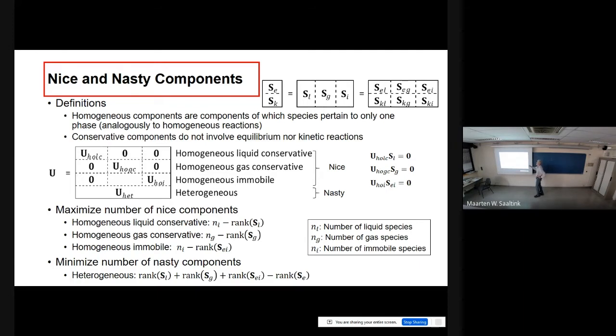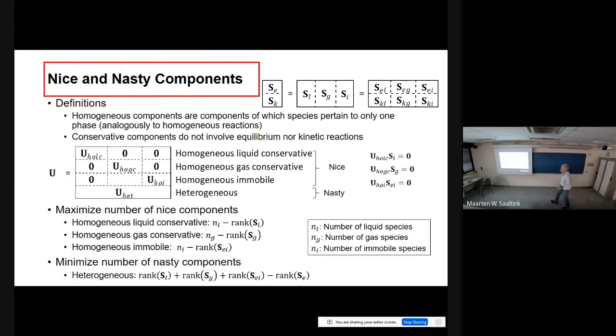What that means is that this homogeneous liquid conservative, multiplied by S transpose, should be zero. But the same for the homogeneous gas conservative, and almost the same for the homogeneous immobile, which should only eliminate the equilibrium reactions. So it should be the kernel of this submatrix of S_AEI.